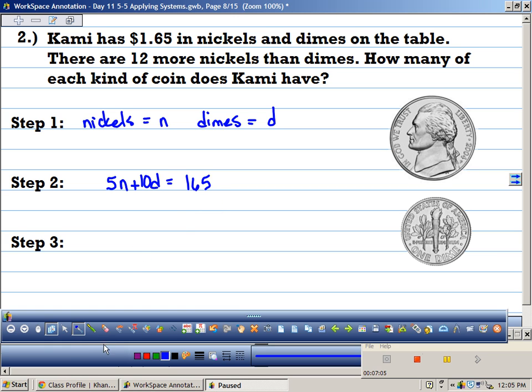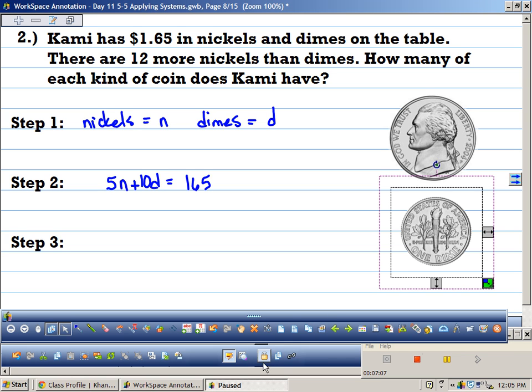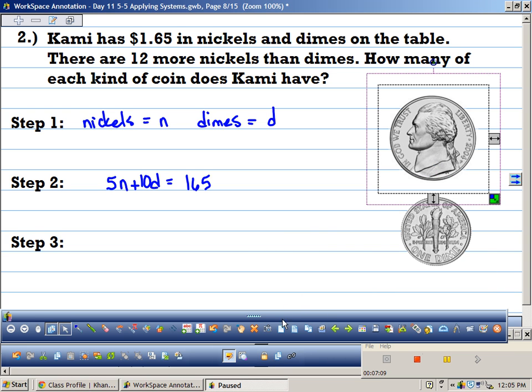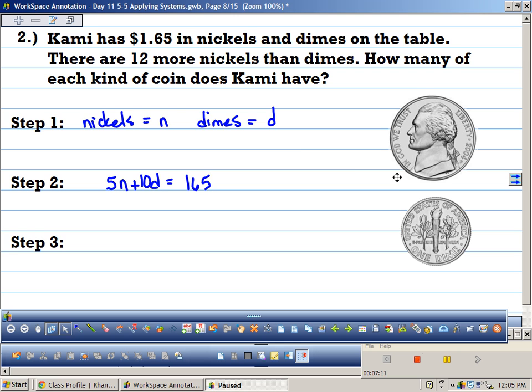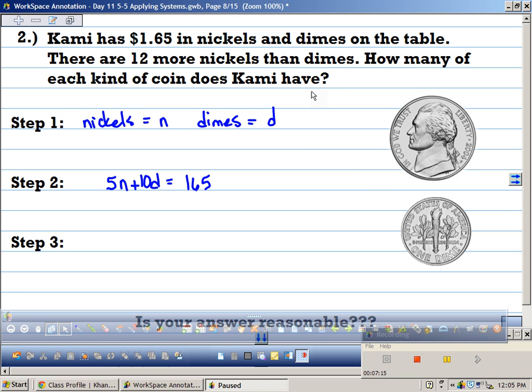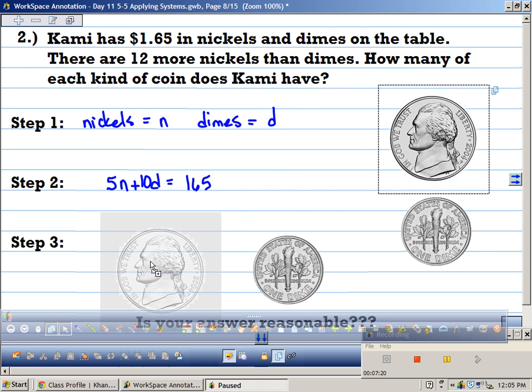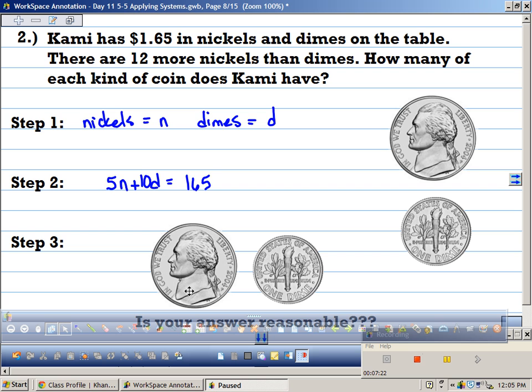Okay, here's the confusing part. So the next part says there are 12 more nickels than dimes. So imagine you have a dime on the table. Do you have 1 nickel on the table? You do.